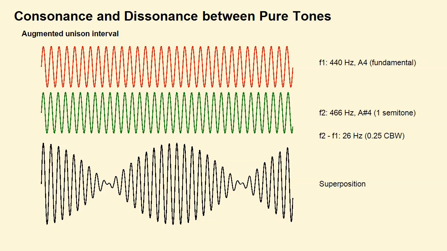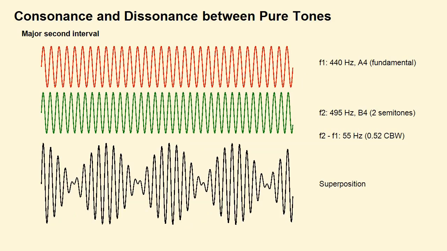Pay attention to each of the reproduced sounds, especially the one corresponding to the superposition. The result is a strong dissonance, as established for this frequency difference of 0.25 times the critical bandwidth by the Plomp and Levelt consonance and dissonance curve.